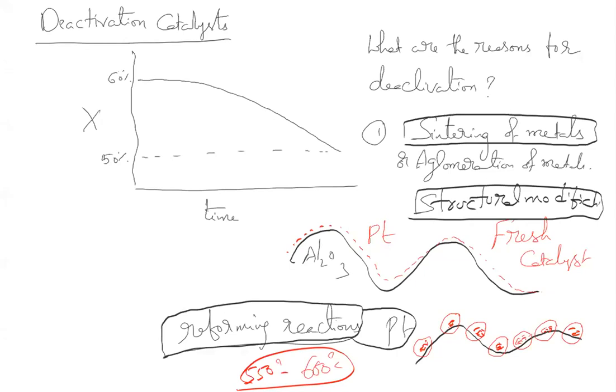FCC is a different kind of deactivation, I'll tell you. Another thing is the feed. Suppose A gives B and A gives C, and let's say this C is something which deposits on the surface.